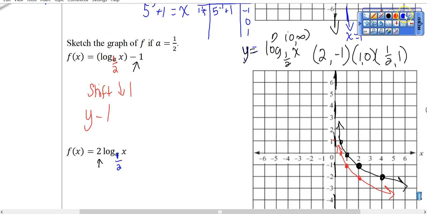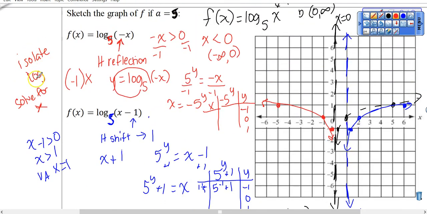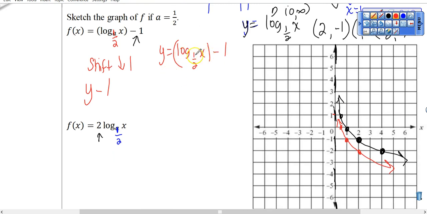And then I'm going to do the conversion real quick for those of you that would prefer the conversion. This one's more difficult to do. So we have y equals log base half of x minus 1. To do the conversion, I told you, isolate the log and then solve for x. So right now, is my log isolated?